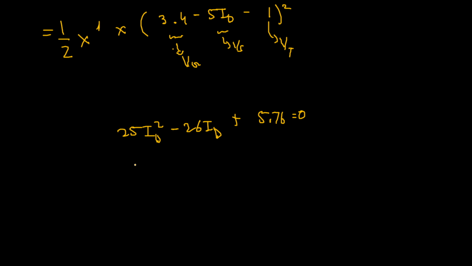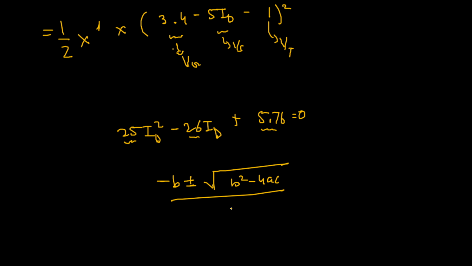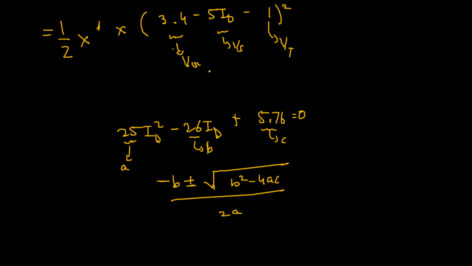Now we use the quadratic formula and simplify this equation. The formula is minus b plus or minus root under b square minus 4ac divided by 2a, where a, b and c are the coefficients. A is the coefficient of the square term, b is the coefficient of the normal term, and c is the constant term. From that we can find the value of ID.